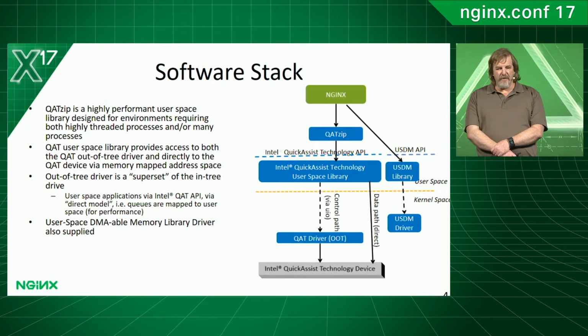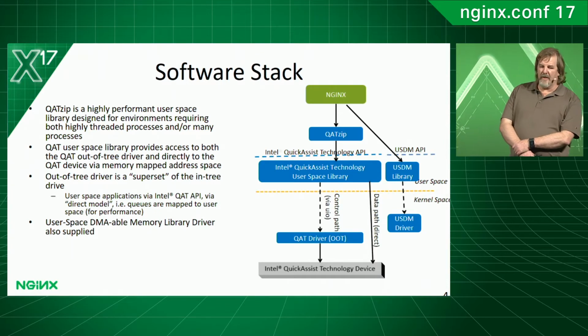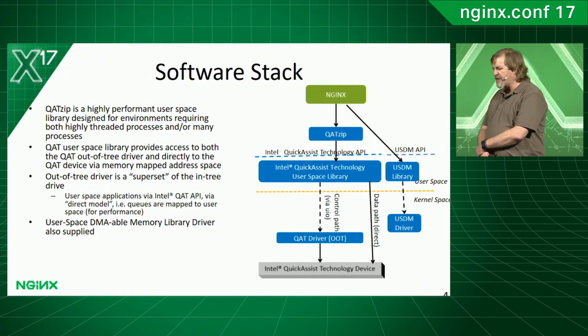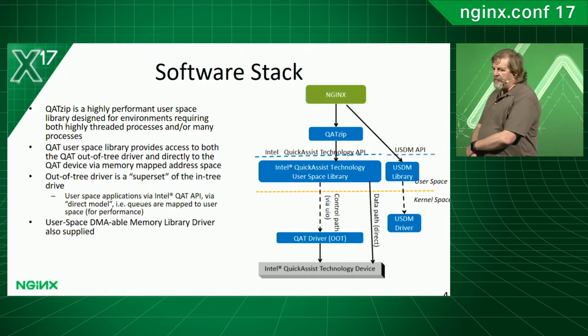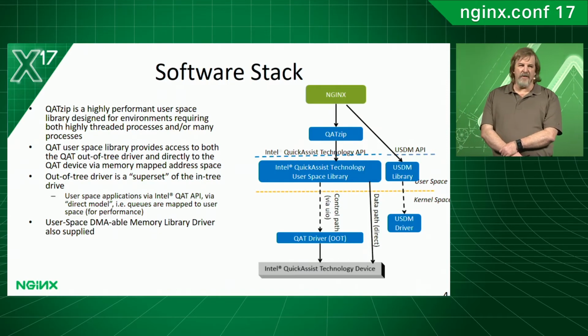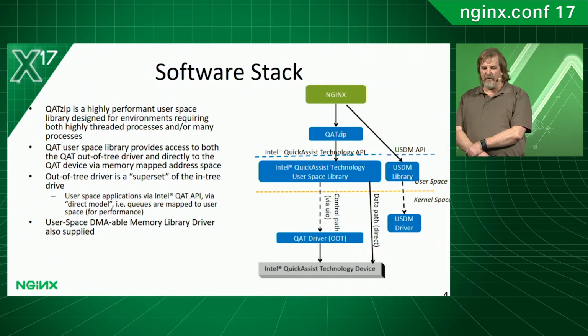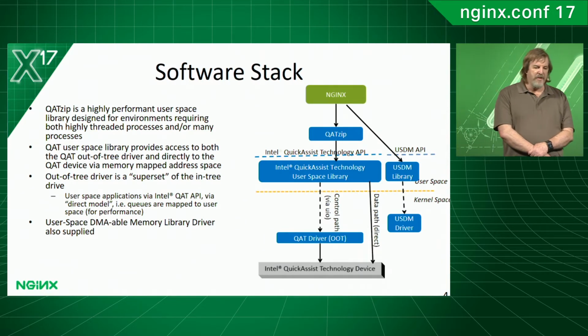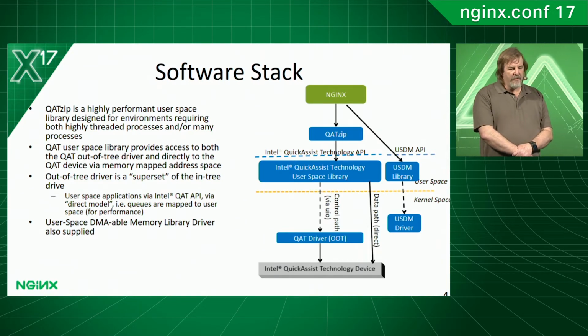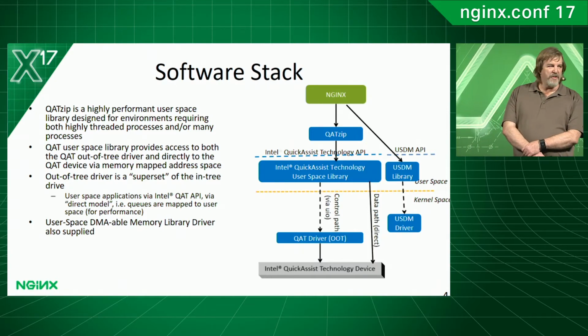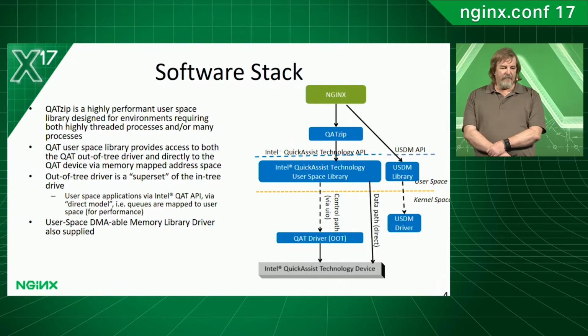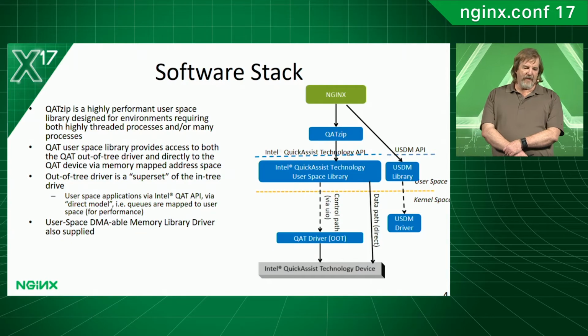The calling application can request a buffer. It gets a virtual address space that it can use normally, but that's backed by physically contiguous memory that can be used directly by the hardware. In this particular implementation, the USDM library is using the huge pages available from the OS to provide memory.